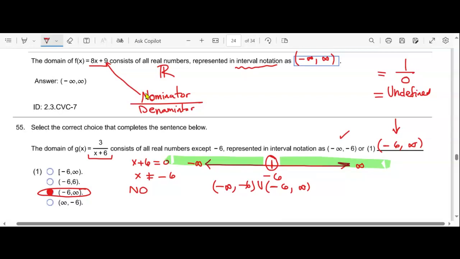So the answer is always all real numbers, because there's no denominator. We only look at the denominator, not the numerator. It doesn't matter what the numerator is. It's always negative infinity to positive infinity. Clear?